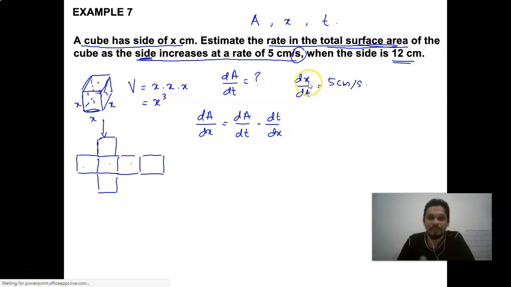Given in the question here, dx/dt is equal to 5, and dV/dx equal to 3x squared. Now let's substitute the information given here, dV/dx, dA, sorry.